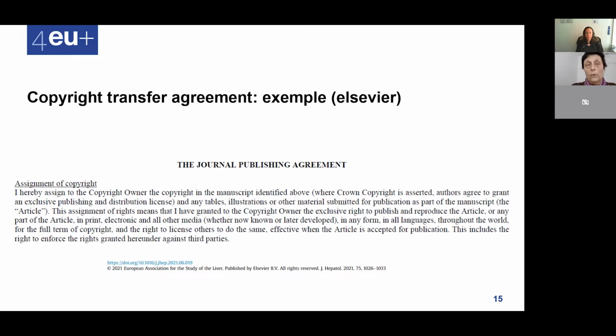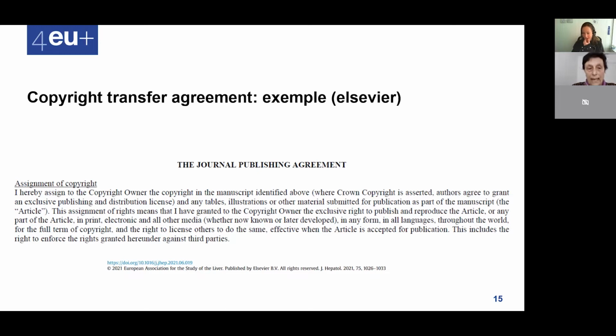When your article is accepted by a publisher, by a journal, this is an example from the Elsevier website, you have two possibilities. The first one is to transfer your copyright in an exclusive way to the publisher.